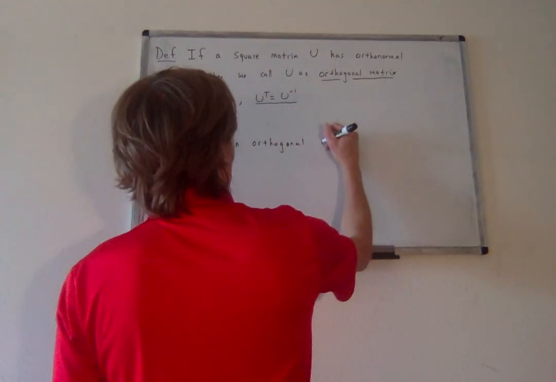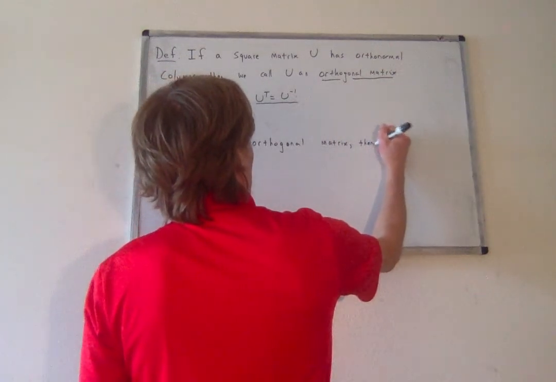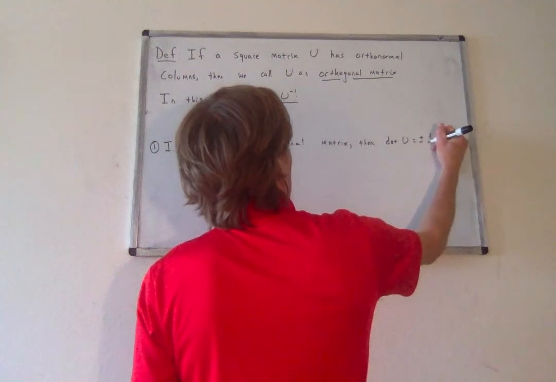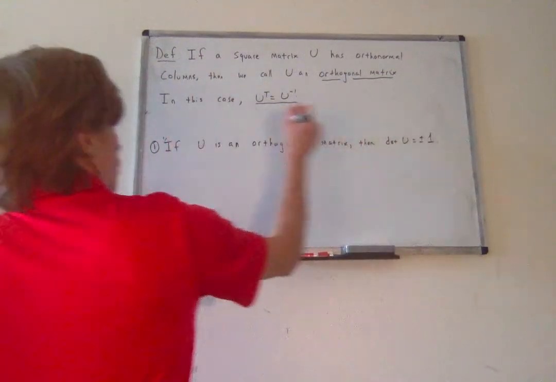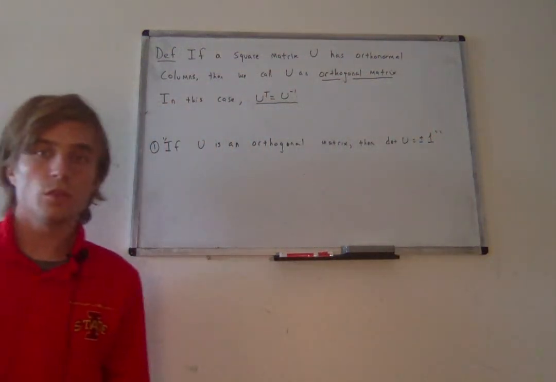If U is an orthogonal matrix, then the determinant of U is equal to plus or minus 1. With this statement, we want to decide if it's always true, sometimes true, or never true.